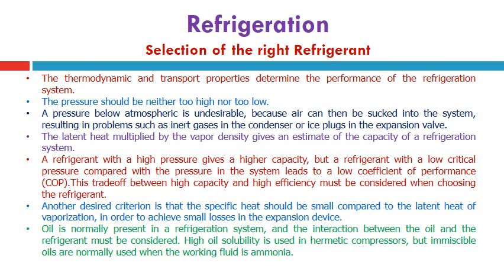The thermodynamic and transport properties determine the performance of the refrigeration system. The pressure should be neither too high nor too low. A pressure below atmospheric is undesirable because air can then be sucked into the system, resulting in problems such as inert gases in the condenser or ice plugs in the expansion valve. This problem has been detected when using R11 because its pressure is lower than atmospheric pressure in the evaporator.